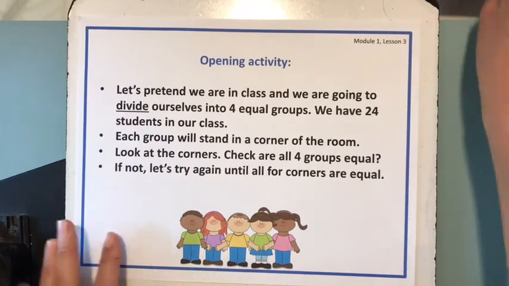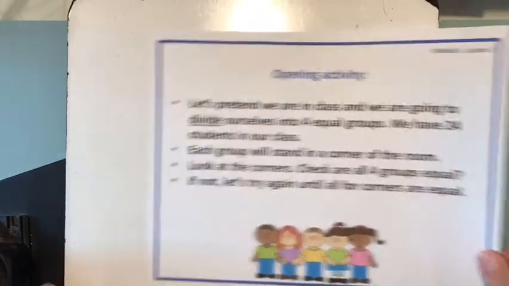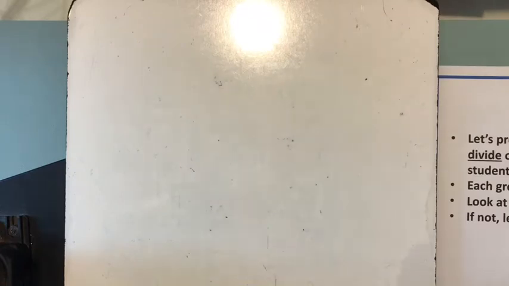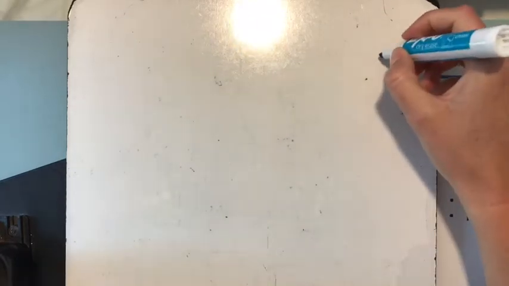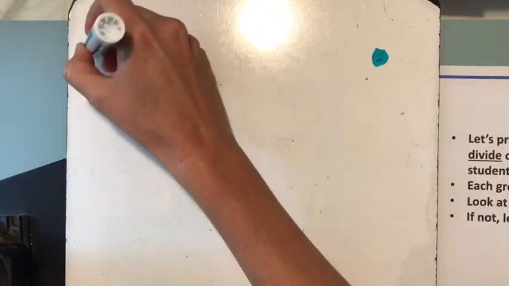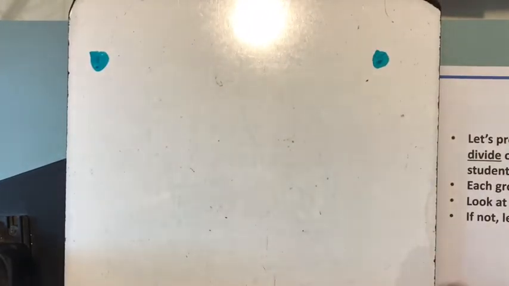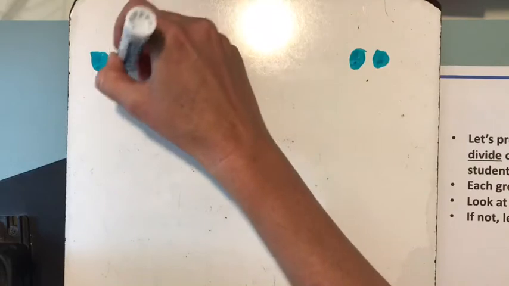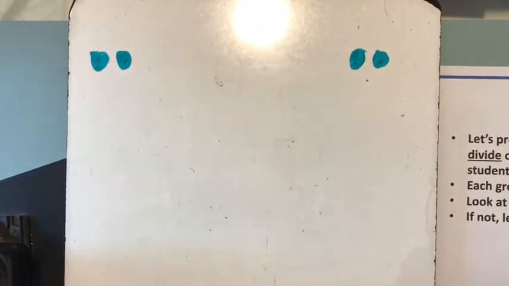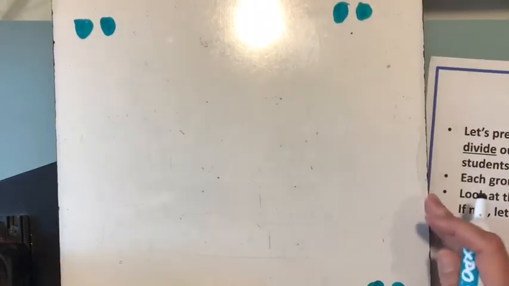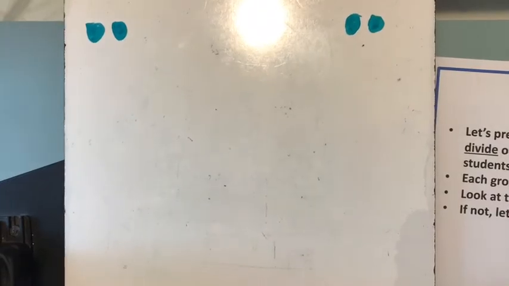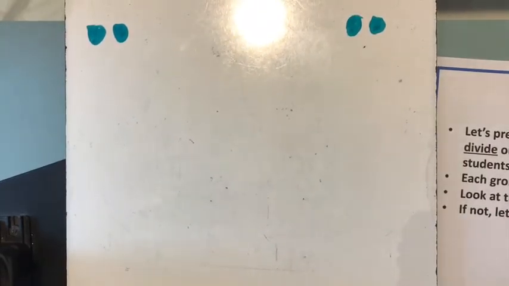You guys run, you go to each corner, and here we go, let's see. So I have one person goes here, one person goes here, one person goes here. Okay, so far I have 4, 5, 6, 7, 8. Uh-oh, you guys not see that? 8. Okay, let me put this up a little bit.